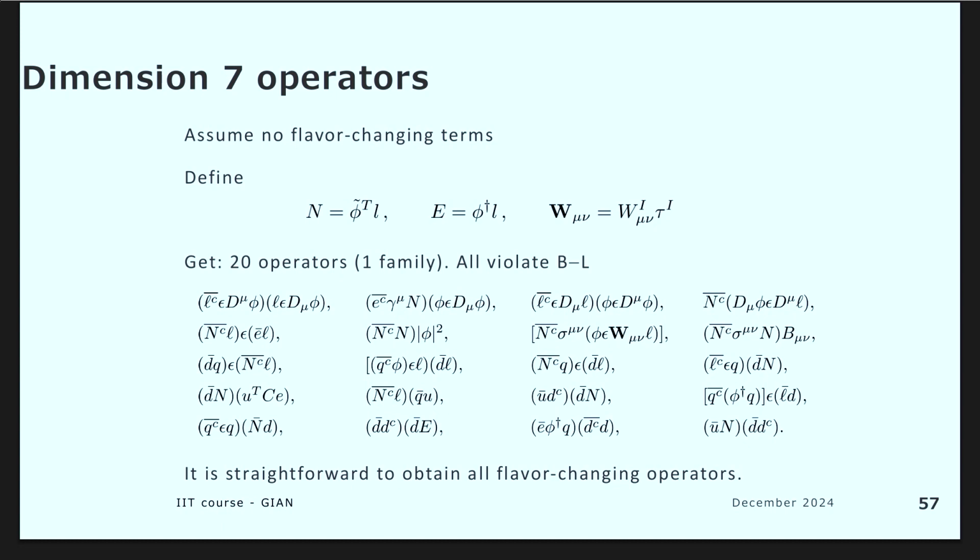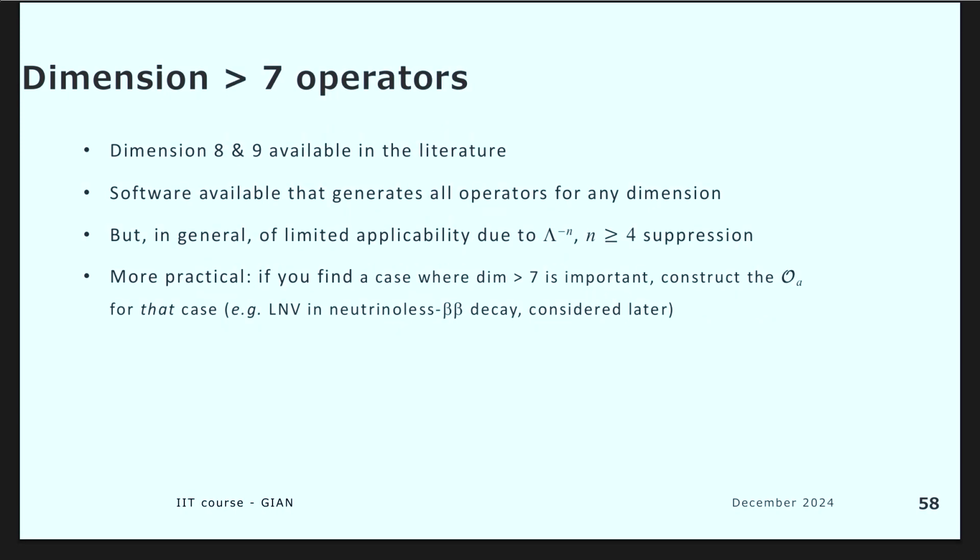And then we come to the next frontier, operators of dimension more than 7. It's instructive to look at those papers. They have tables with lists of operators. I mean, there's hundreds and hundreds and hundreds of operators in this thing, and they're all listed there.